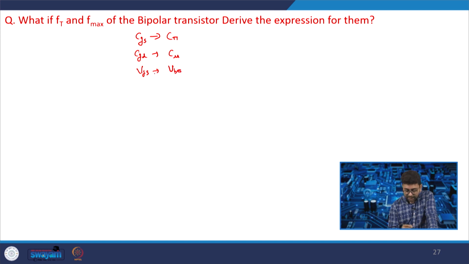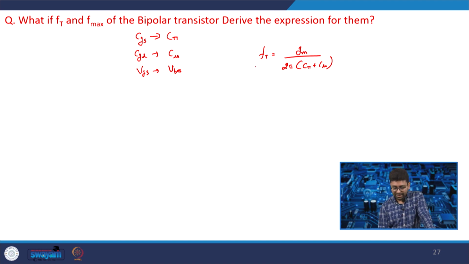If you do the same analysis, your FT is equal to gm by 2 pi (C pi plus C mu). This is the transition frequency at which your current gain in BJT is equal to 1. It depends upon the C pi capacitor, the C mu capacitor, and the transconductance of the BJT.